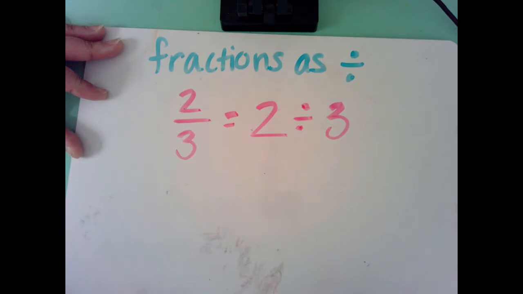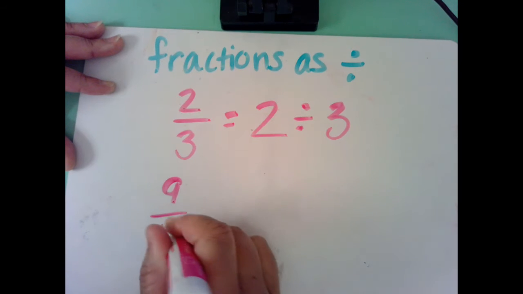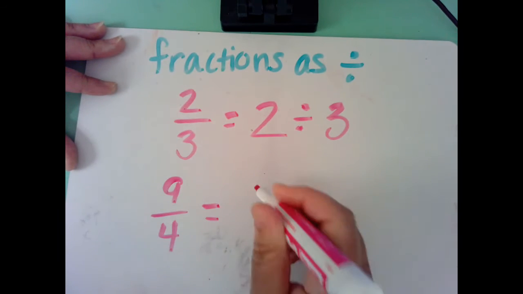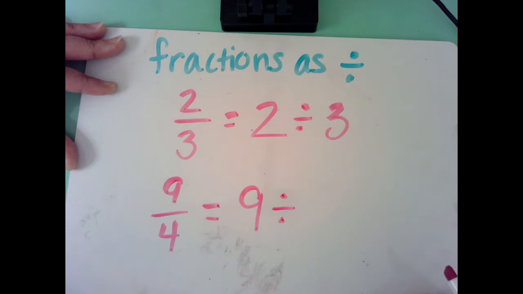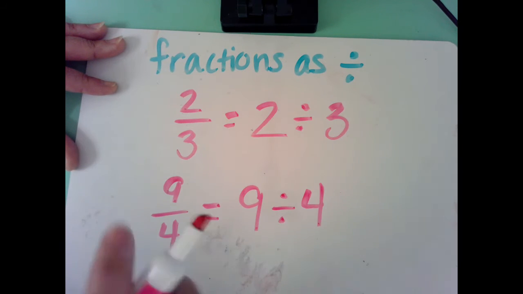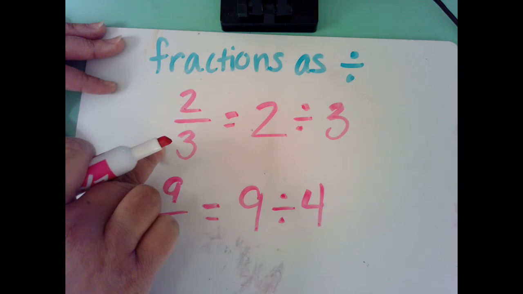The same for an improper fraction. Let's say 9/4. 9/4 is the same as 9 divided by 4. Always the numerator is the first number and the denominator is the second.